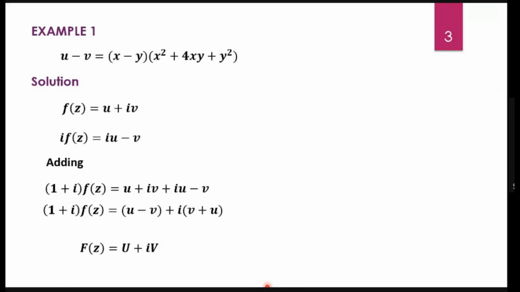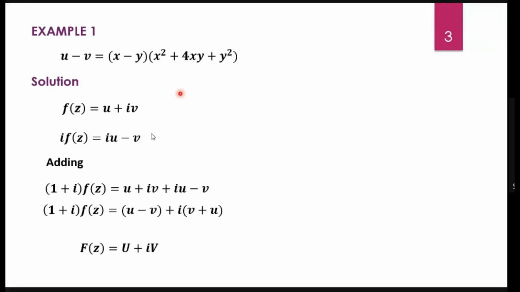Okay? So now what is given here? Capital U is given, capital V is given. We are given u minus v. Now u minus v we have denoted by capital U. In the question u minus v is given and we have denoted u minus v here as capital U, which means that capital U is given as x minus y into this. This is the same step as in the previous slide.